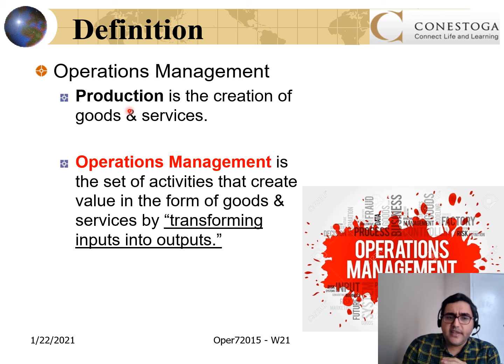So in a simple way, operations management can be considered as this set of things which we do in a business to add value to the items which we are making. For example, I can call it the value addition process.